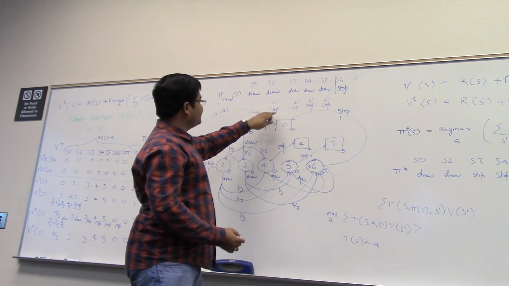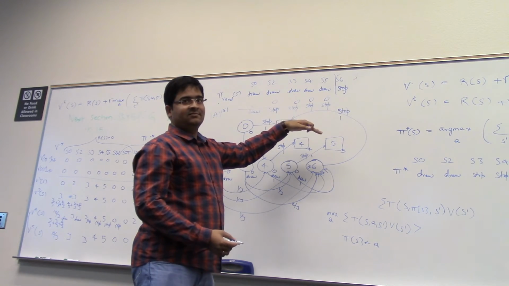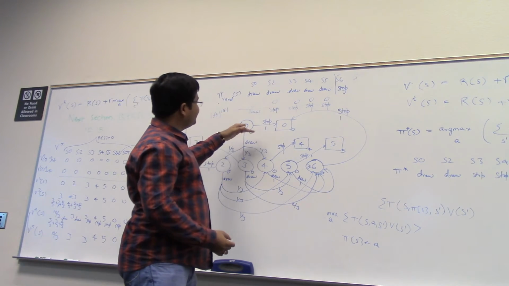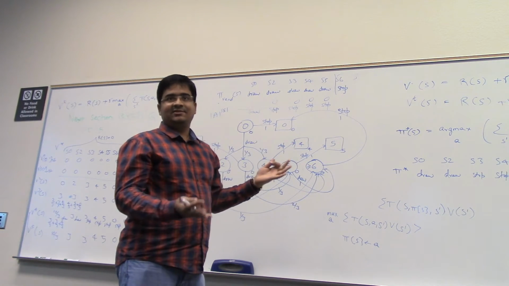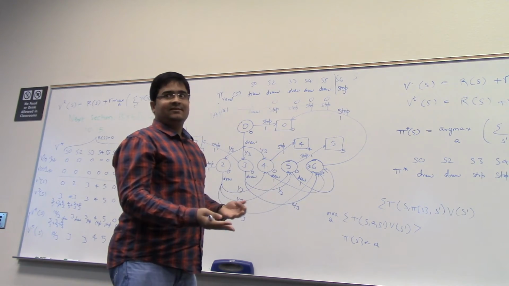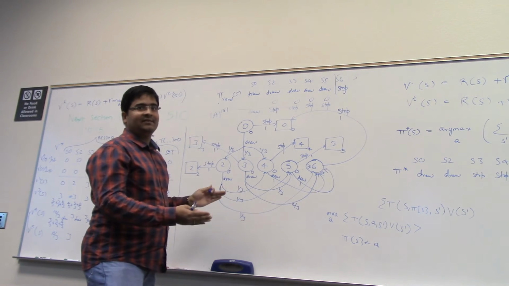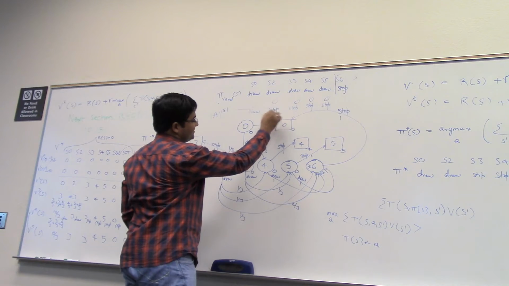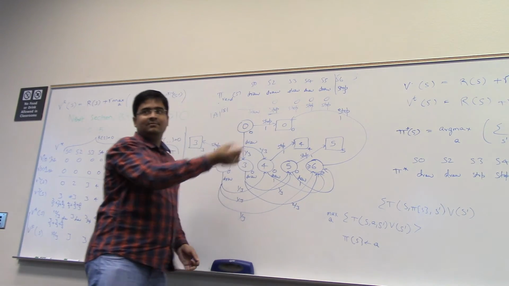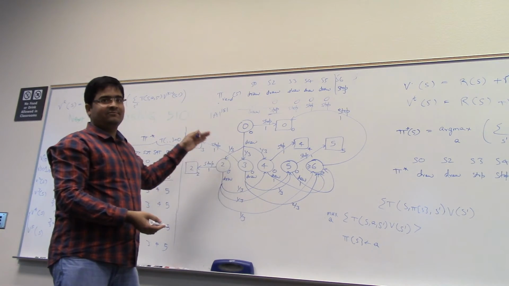Suppose here we see that these actions have changed. At some point we'll see that none of the actions are changing, so the policy is not changing. That's when you are converging, and that is optimal. So naturally we expect that at some point this will change to draw, maybe in the next step itself.